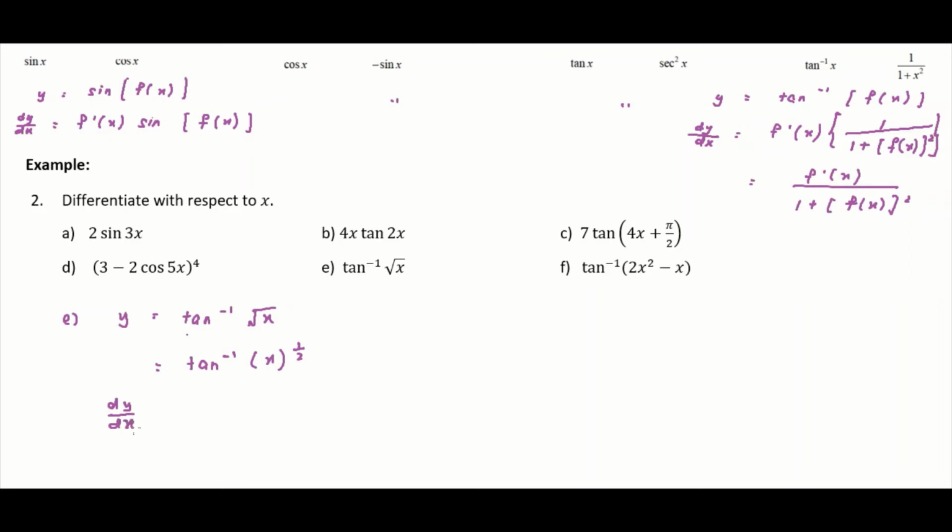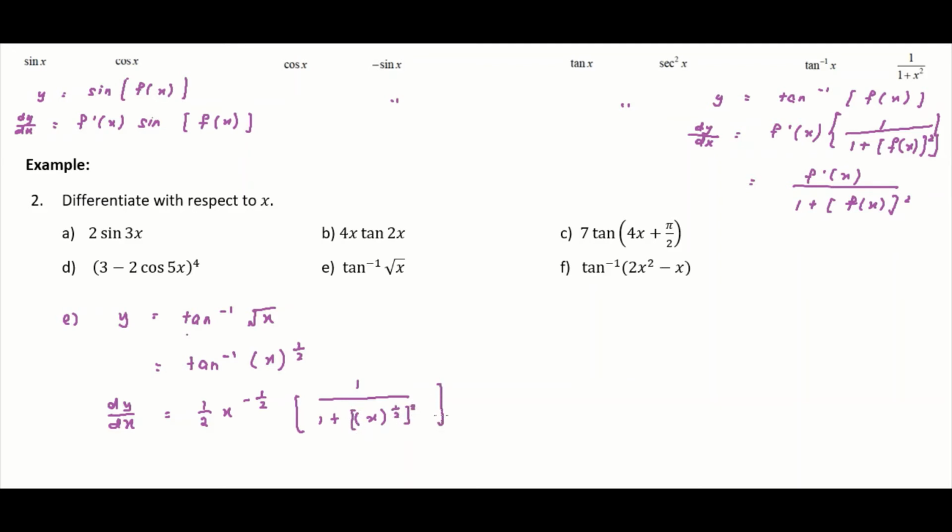So dy/dx, differentiate the inner part first. You have 1 over 2 x to the power of minus 1 over 2, right? Then it will be 1 over 1 plus the whole function, and don't forget you need to square it.